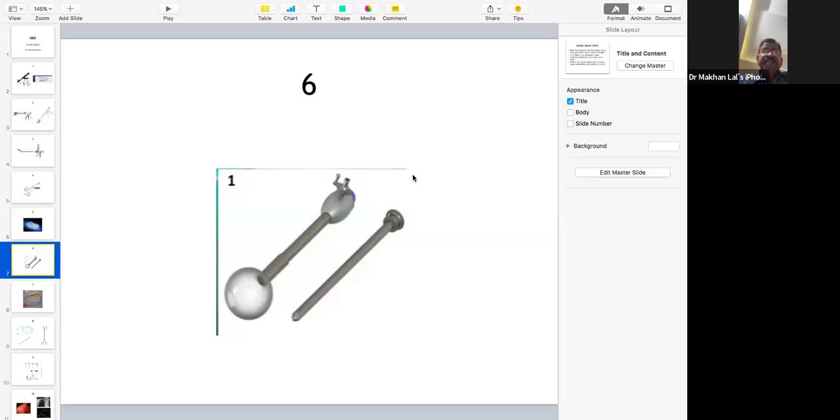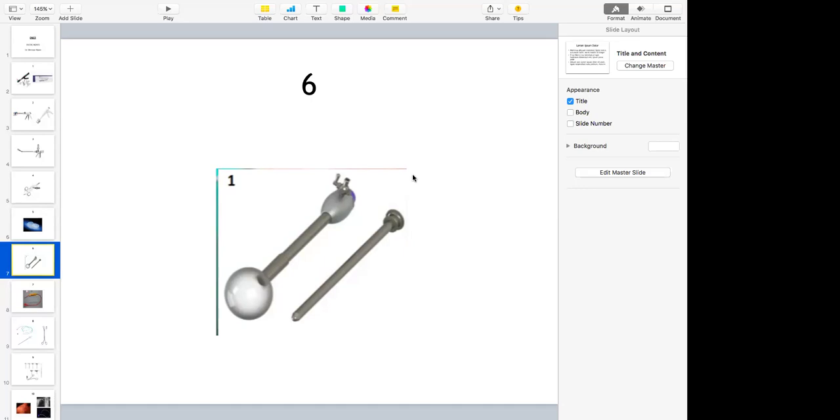What is the temperature and pressure setting used nowadays? No, sir. 134 degrees centigrade, 30 pounds per square inch pressure. And how long does it take? 3 to 5 minutes. Yes. So you can sterilize fast. Okay, next one.